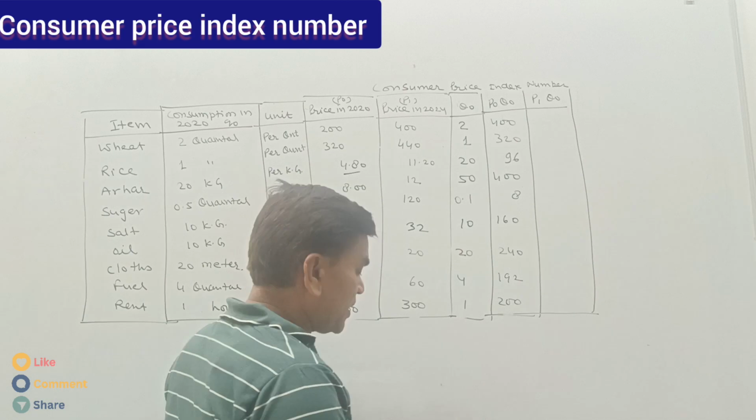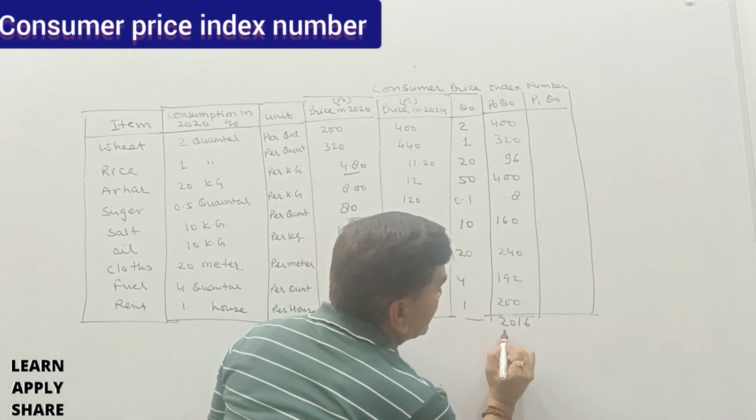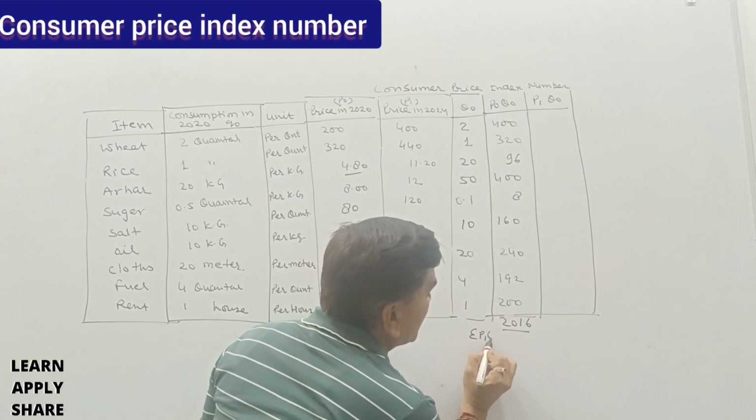So the total of this is 2016, that is sigma P0 Q0.